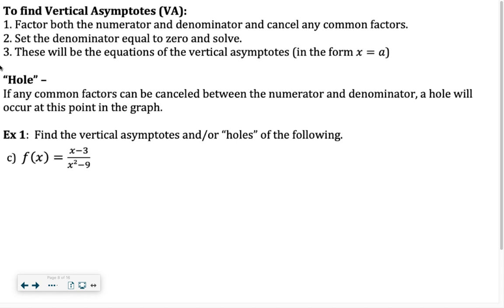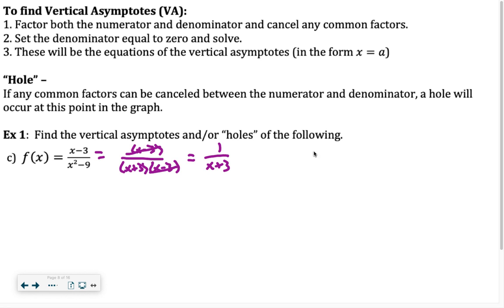In the next one, again, we want to factor everything we can. So this difference of squares would become x plus 3 and x minus 3. Now I can cancel out these x minus 3's. And I would just be left with 1 over x plus 3.